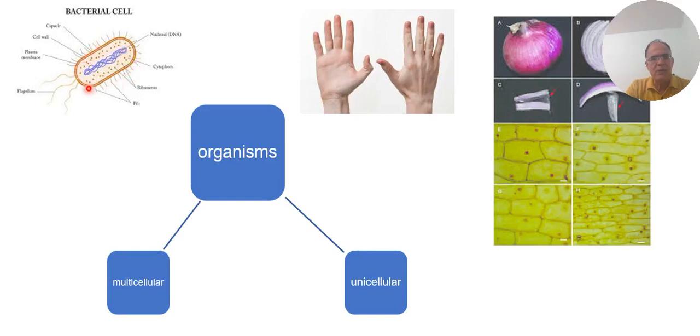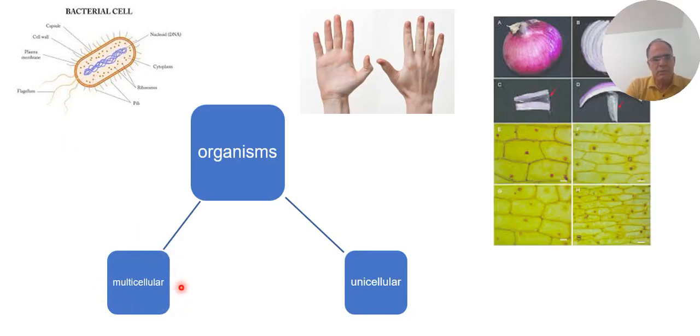In this shape, you can see a bacterium. Each bacterium is made up of genetic material, cytoplasm, cell membrane, cell wall, and extensions such as flagella.